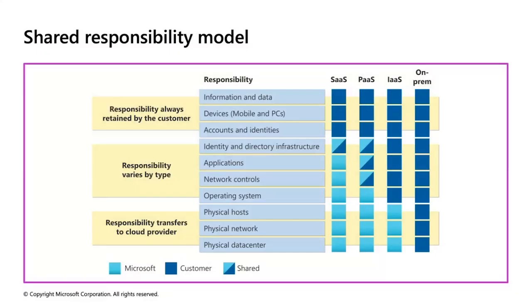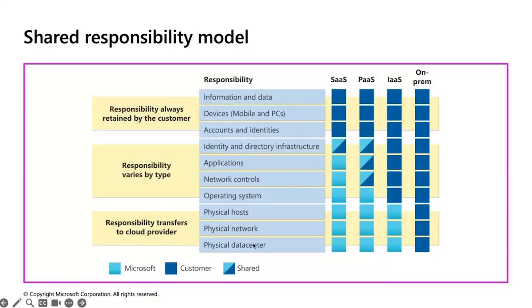If you talk about any infrastructure, there may be different kinds of responsibility, especially related to management, starting from physical data center, physical network, physical host, operating system, network control, applications, identity and directory infrastructure, accounts and identities, devices, like if you're managing devices, mobiles and PC, and information and data, if you want to protect and manage.